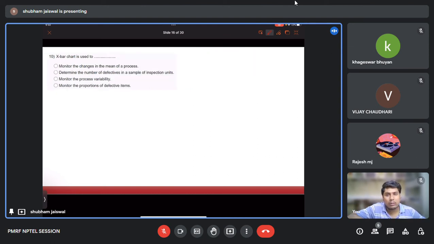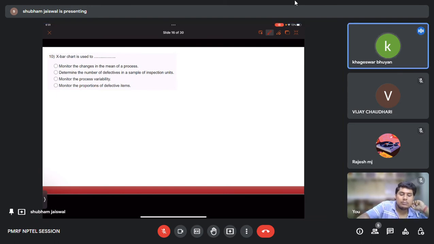So now the next question: the X bar chart is used to monitor the changes in the mean of process, determine the number of defectives in a sample of inspection units, monitor the process variability, or monitor the proportion of defective items. Changes in mean process.